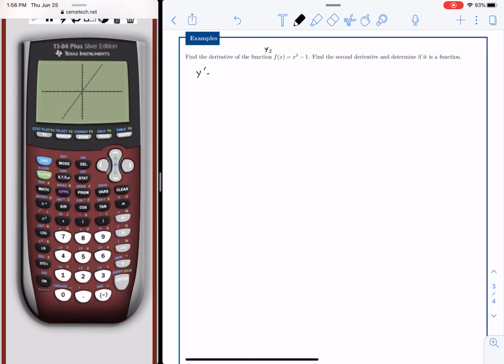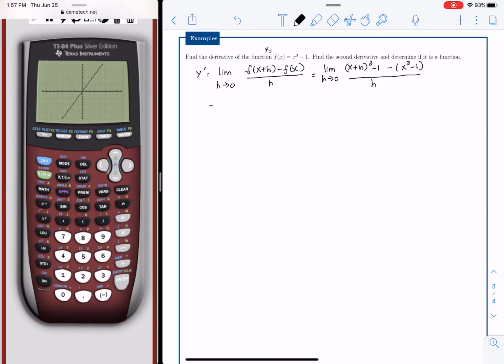So y prime, using the difference quotient, is the limit as h approaches 0 of f of x plus h minus f of x, divided by h. That is x plus h cubed minus 1 minus x cubed minus 1, divided by h.